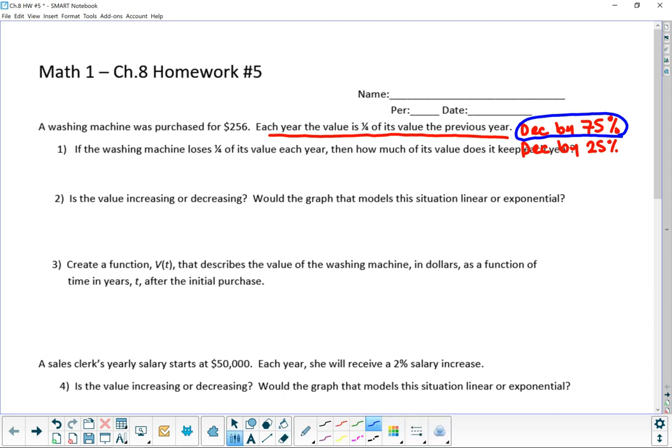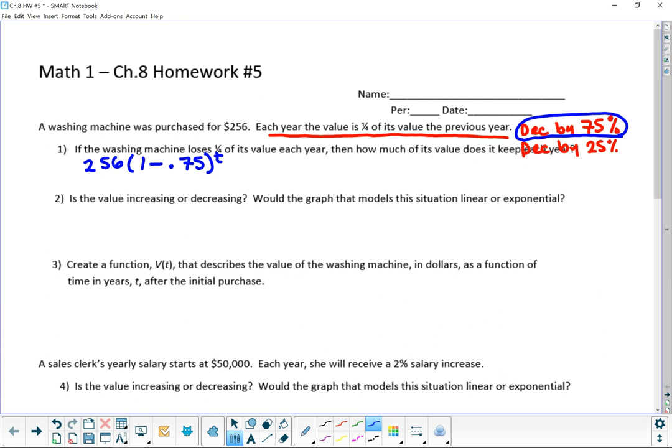So we have 256, and we're going to multiply it by 1, and because we're losing 75, by 1 minus 0.75 to the t power.